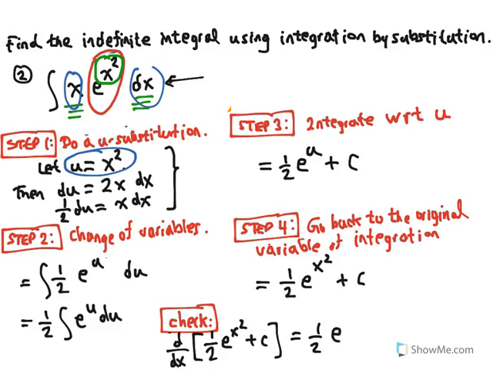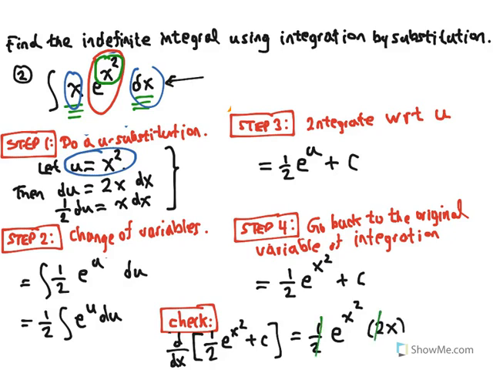The outside function is e to the x, so you find the derivative of the outside function evaluated at the inside function, and then multiply by the derivative with respect to x of the inside function, and the derivative of the constant is just 0, so we don't need to worry about that. But what is this derivative? The derivative of x squared is 2x.